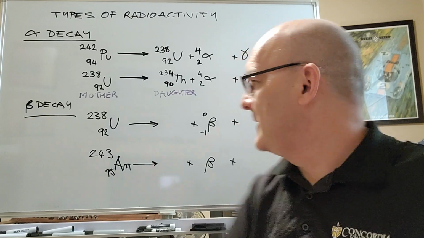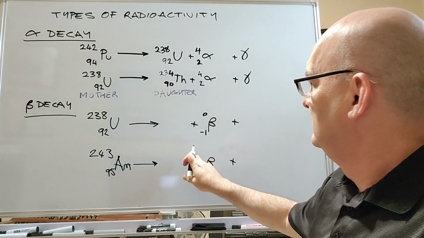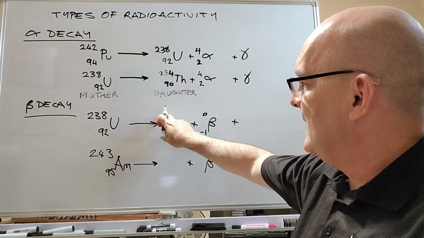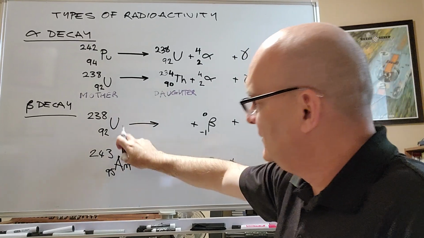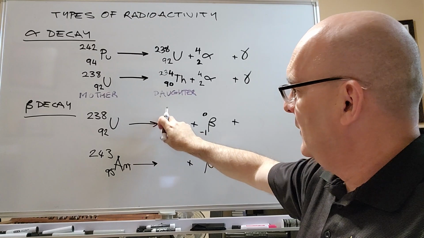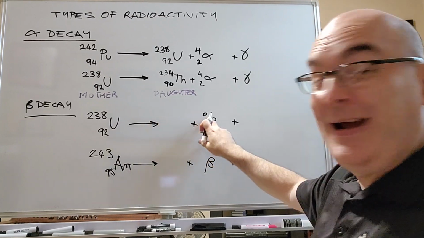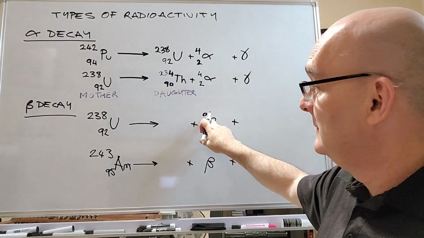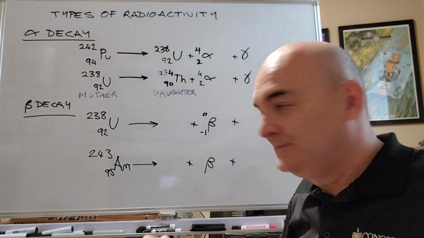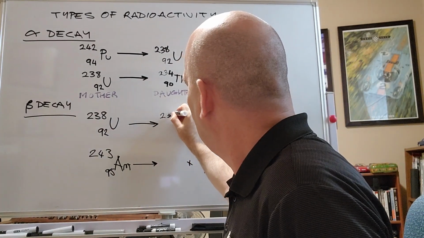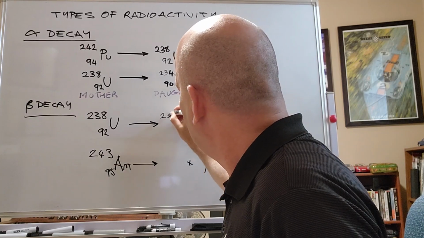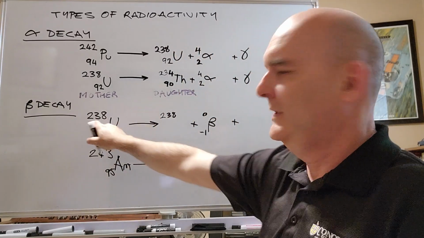All right, let's put some numbers in. There's going to be a mass number and an atomic number for the daughter nuclide of this decay. The number that goes up top, when you add 0 to it, equals 238. So 238 plus 0 is 238.